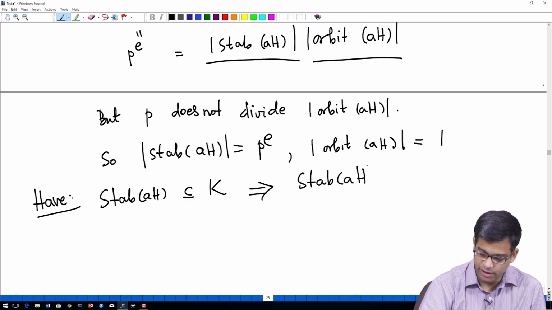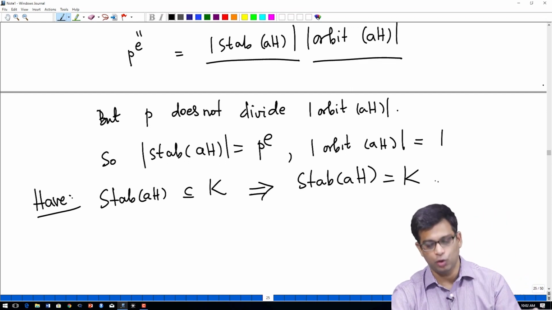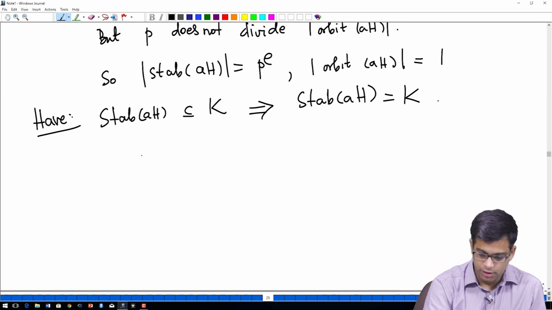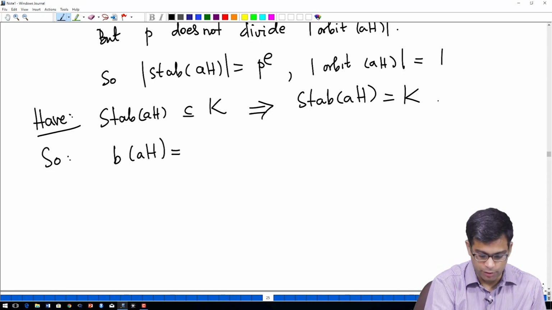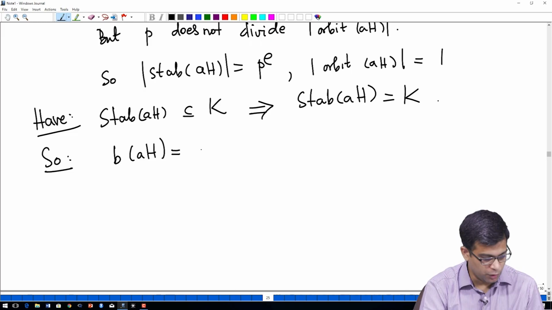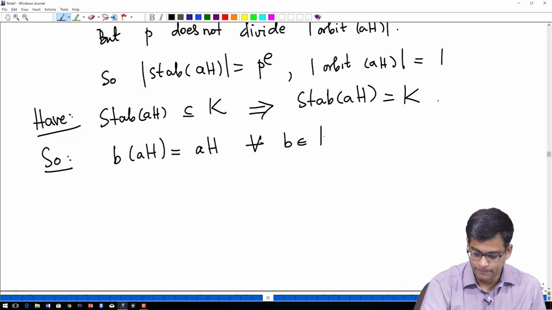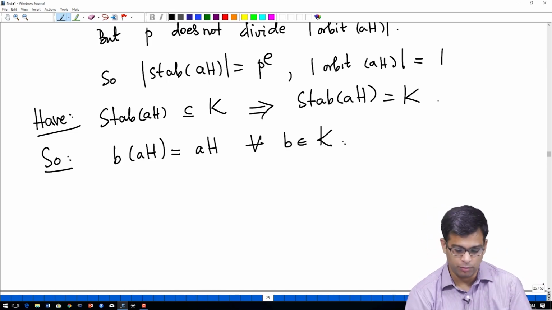So, the stabilizer of aH is exactly equal to K. The entire group is the stabilizer of aH. But what does this mean? This means that b times aH is equal to aH for all b in K.